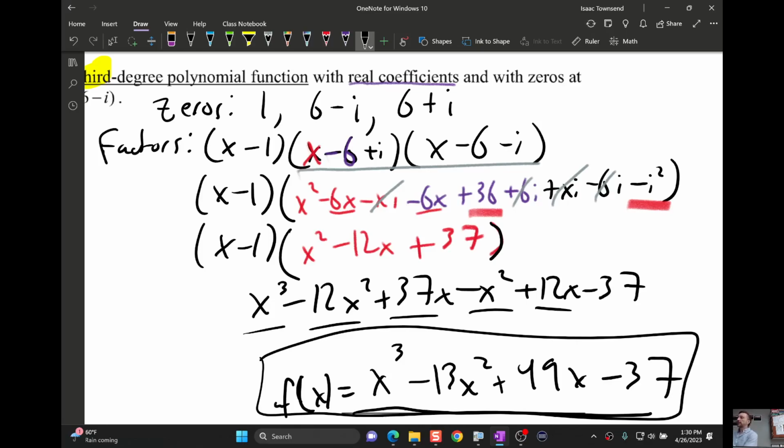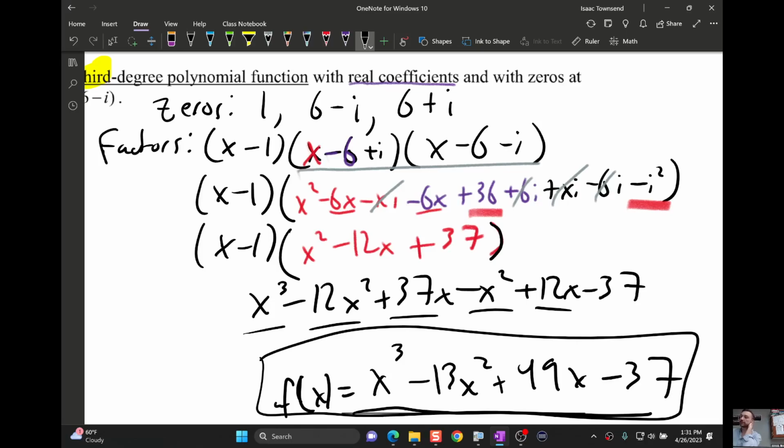Now, if I was to graph this, what would you expect to see as far as x-intercepts go? Okay, well, where's this going to be on the x-axis? Okay, which one? 1. Okay, and why would this be an x-intercept and not those? Because it's not imaginary.